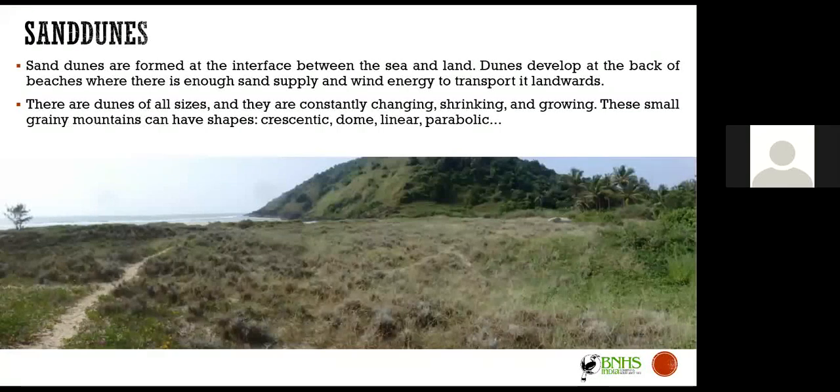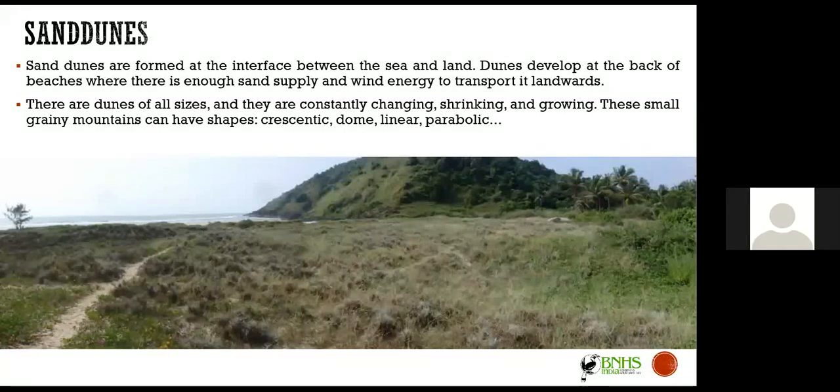So what are these sand dunes? Sand dunes are formed at the interface between the sea and the land. Dunes develop at the back of the beaches, as I have mentioned, and only in places where there is enough supply of sand or wave energy which transports the sand from the shore side to the land.